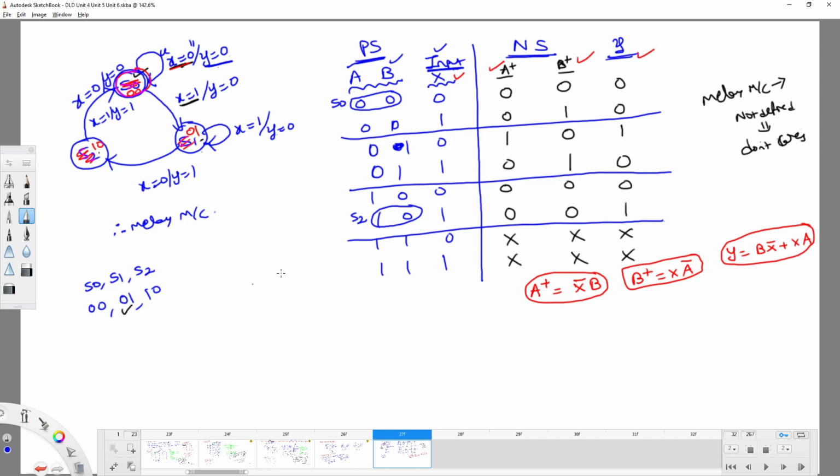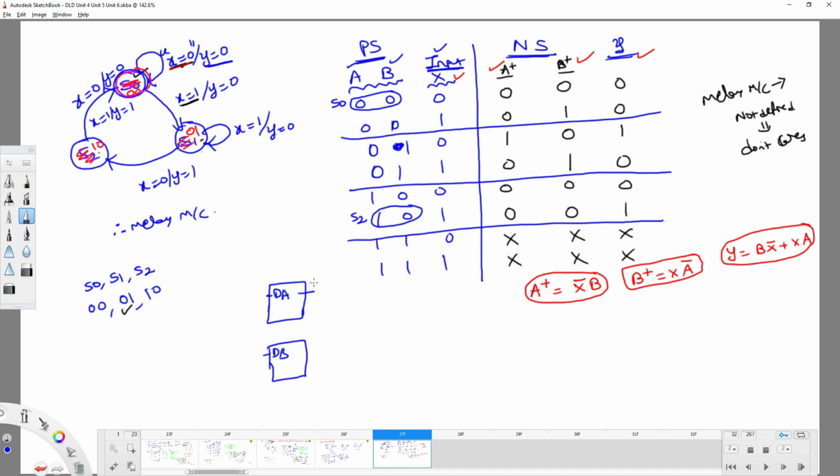Let us assume that I am trying to take the D flip-flops, right? This is one D flip-flop, that is DA, and this is one more flip-flop, that is DB, right? D means data flip-flops, as it is you are going to get, right?